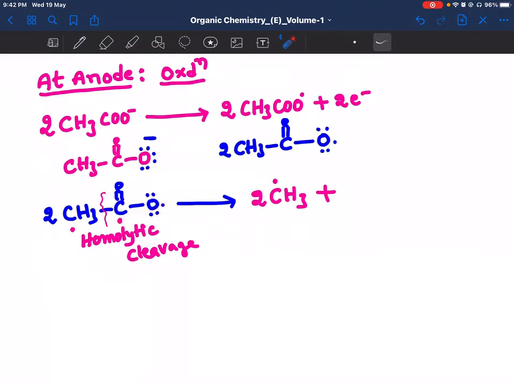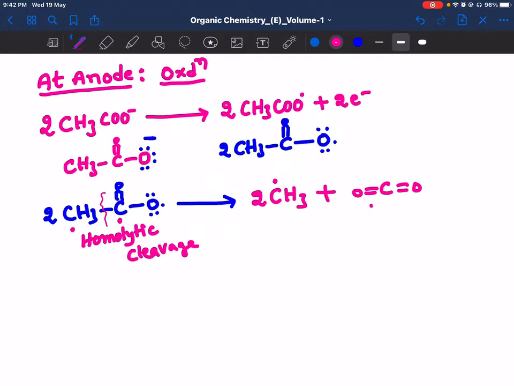So that new compound is C double bond O, double bond O. Already there is one bond between carbon and oxygen, and this radical combines so one more bond is forming. Like that, you get carbon dioxide.